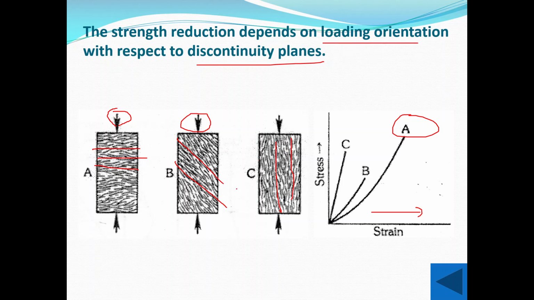Compared to C here, it also gives quite high strength but low strain, because it splits easily along the direction of foliation.